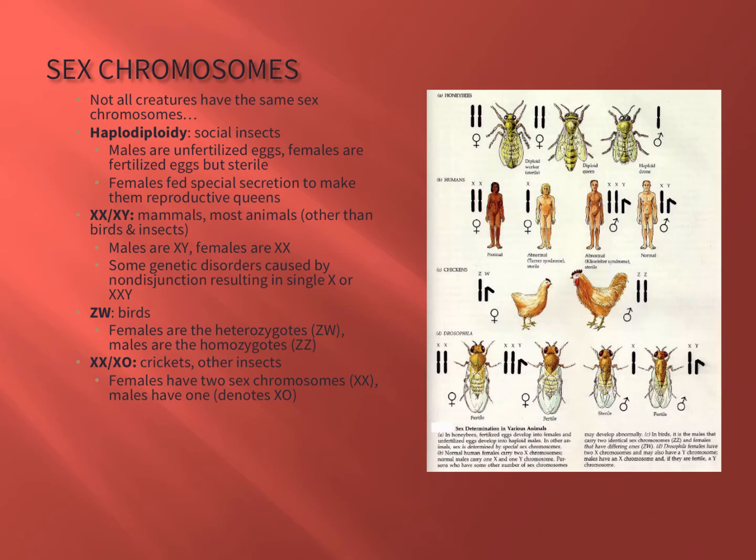In birds, females are heterozygotes and males are homozygotes. So whereas in humans, females are homozygotes, in chickens, the males are the homozygotes. And then in some crickets and other insects, females have the 2 sex chromosomes, an XX, and males are missing a sex chromosome, and that's what we call XO.